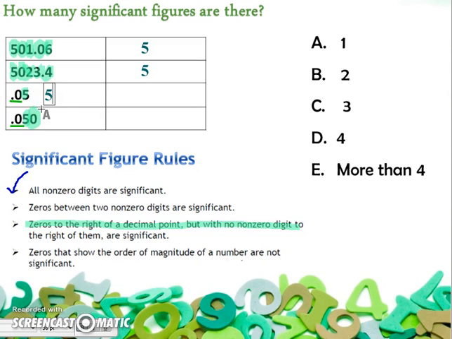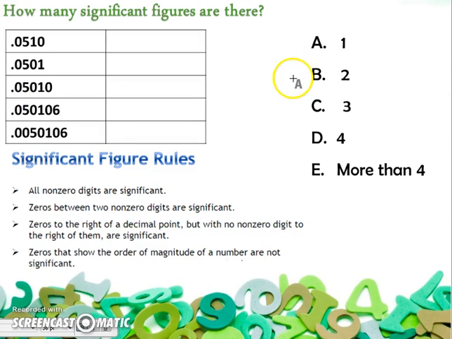So if we were to rewrite this in scientific notation, it would be 5 times 10 to the minus 2. And this other example would be 5.0 times 10 to the minus 2, because that 0 after the 5 is significant. So in 0.05 we have only 1 significant figure, and in 0.050 we have 2 significant figures.